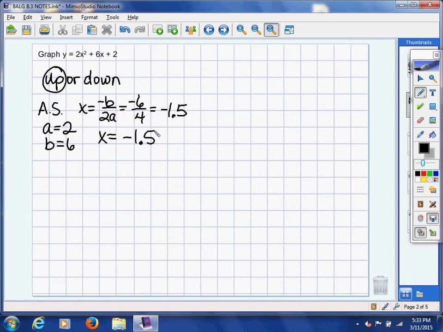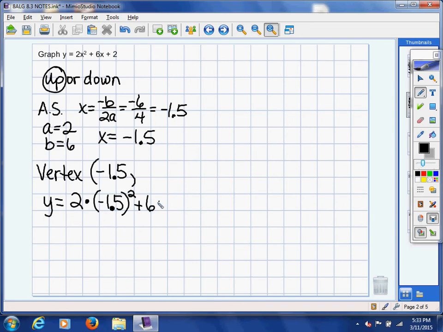Okay, so that's going to be my vertical line, and if you are under the mistaken impression that our answers always have to be integers, I'm going to dispel that myth right now. These numbers can also be decimals, as clearly indicated by our calculation. So let's go down to our vertex. We already know that x is -1.5. So to find the y, you're going to carefully plug in, and I would use parentheses here as you're plugging it into your calculator. I'm going to write it just like you should type it.